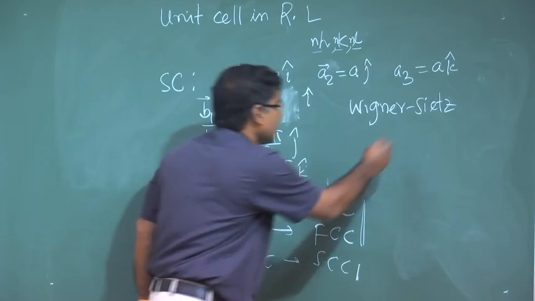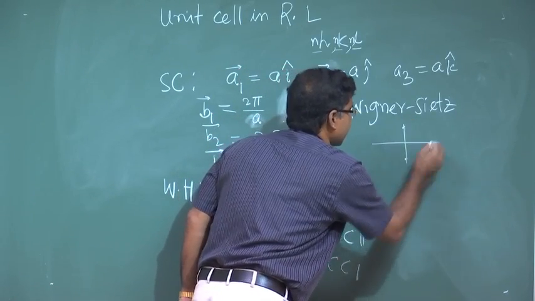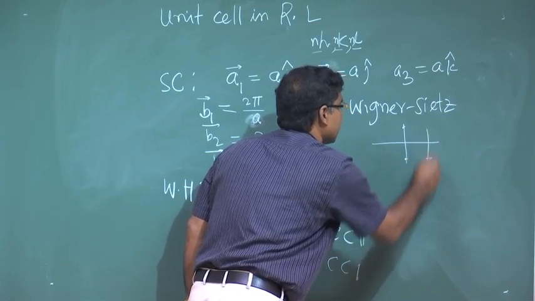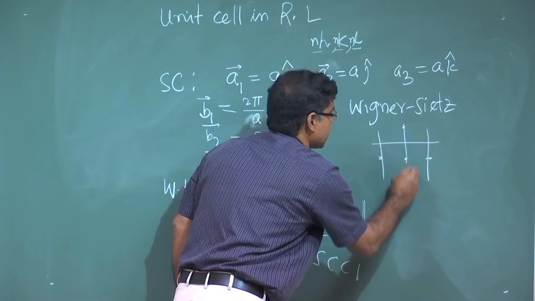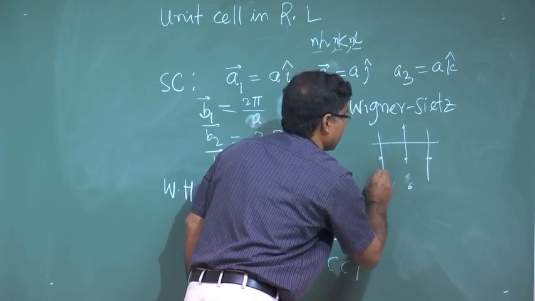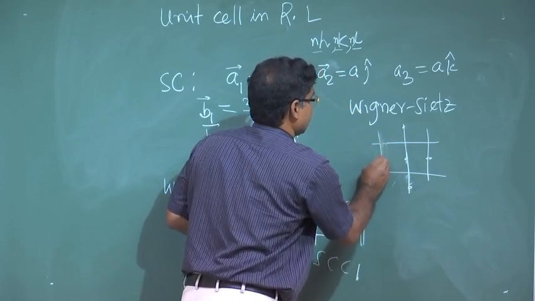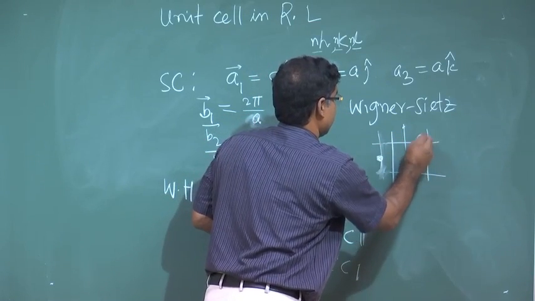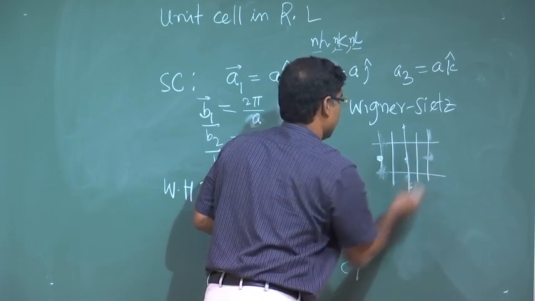How is it found? Take the nearest neighbor lattice points, and take the normal bisectors, one has to take half, sorry.